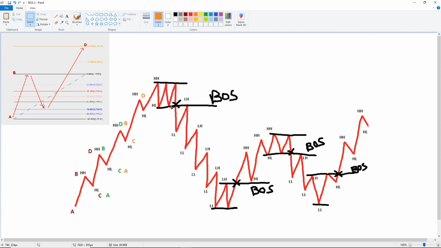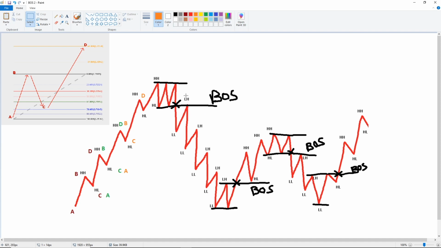This is where break of structure happens in this example, because it was making an uptrend, higher high, higher low, and then it started to test a level and it couldn't break it. And then the minute it breaks one side, this side got broken. That's why I put this X here. And this is when a change in direction happens.